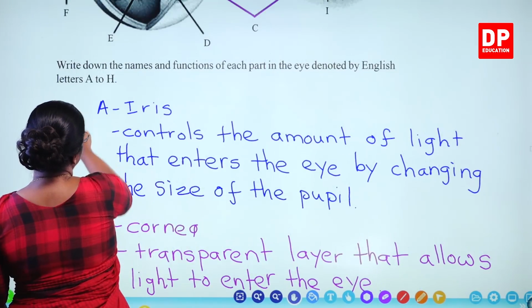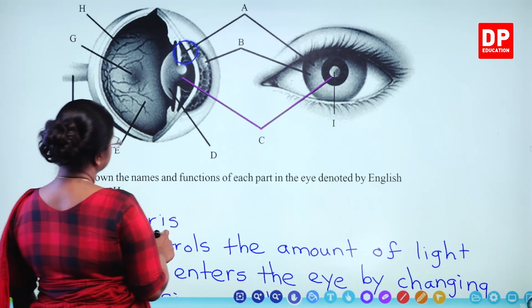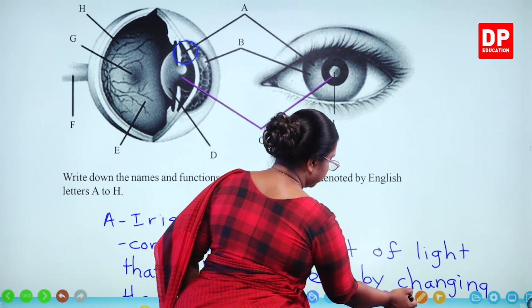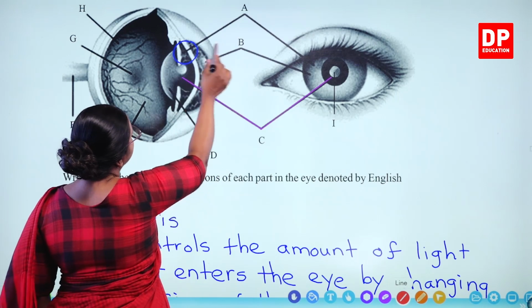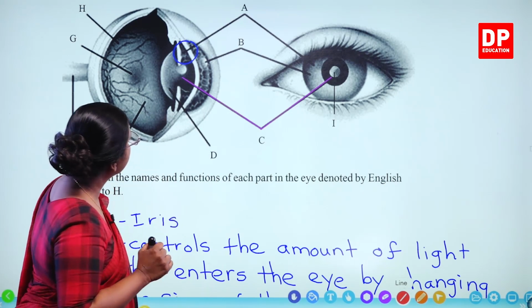Then, we have already identified the others, A, B and C.